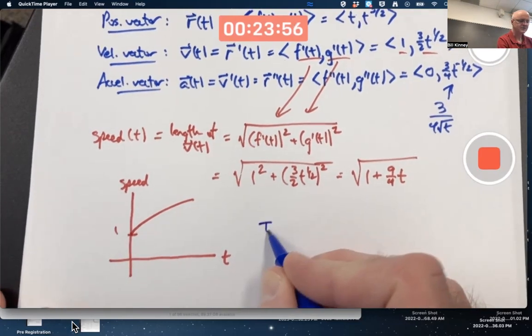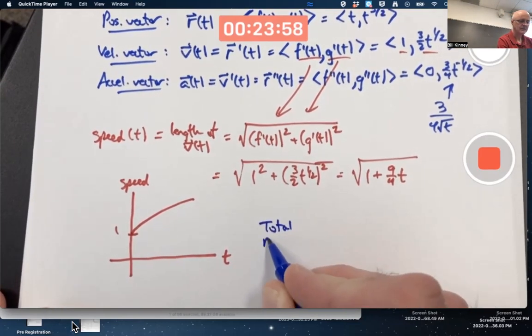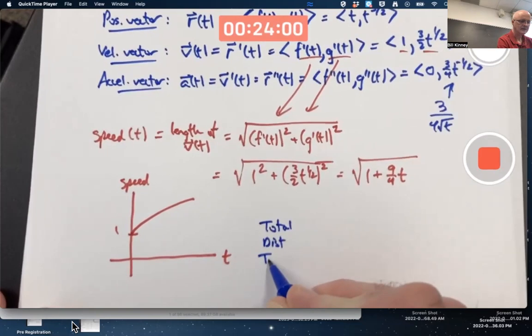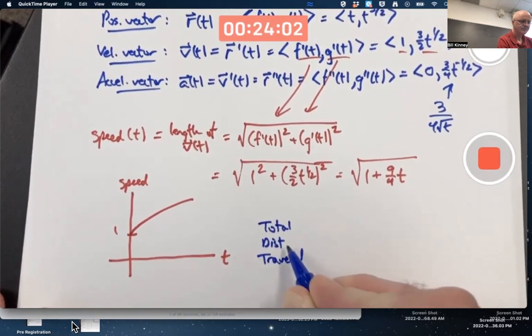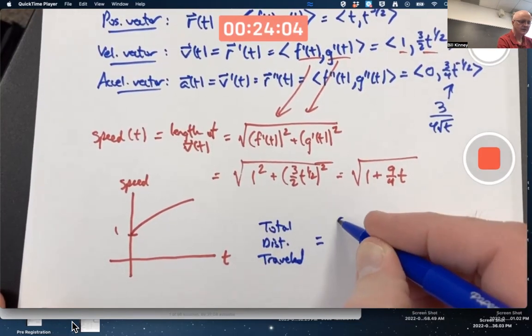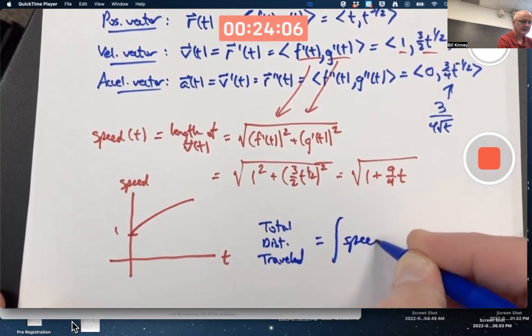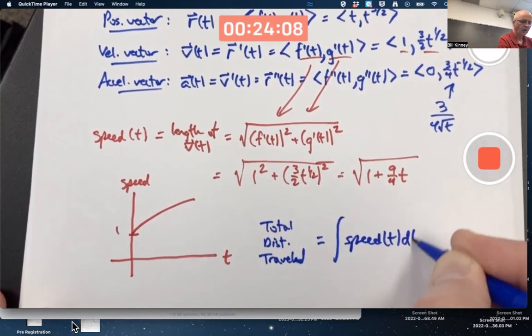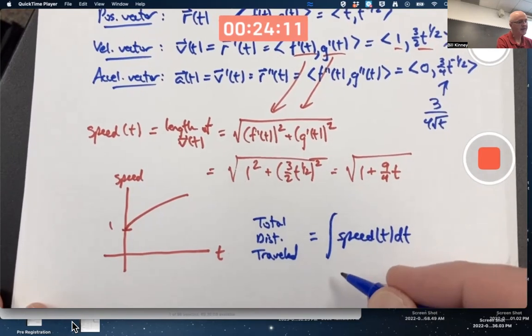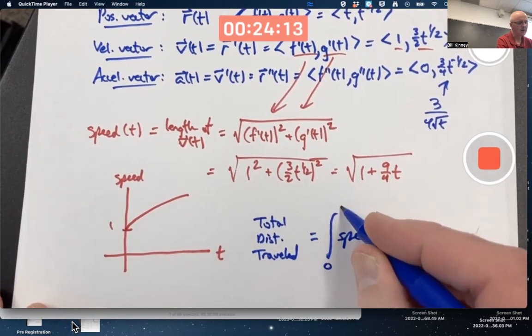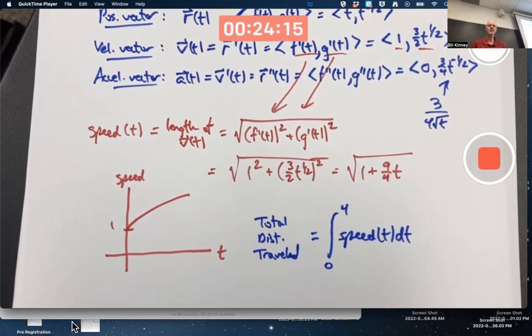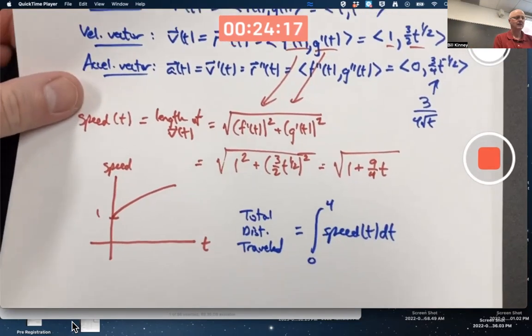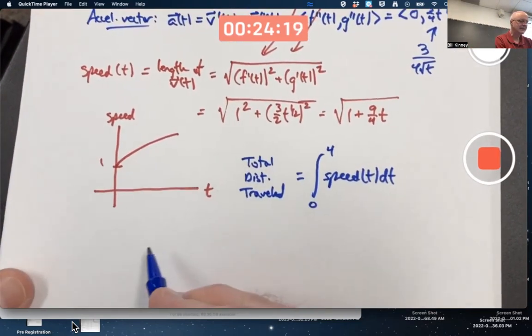The total distance traveled is still the integral of the speed over the interval that T is varying over, which is 0 to 4. Can this integral be done?